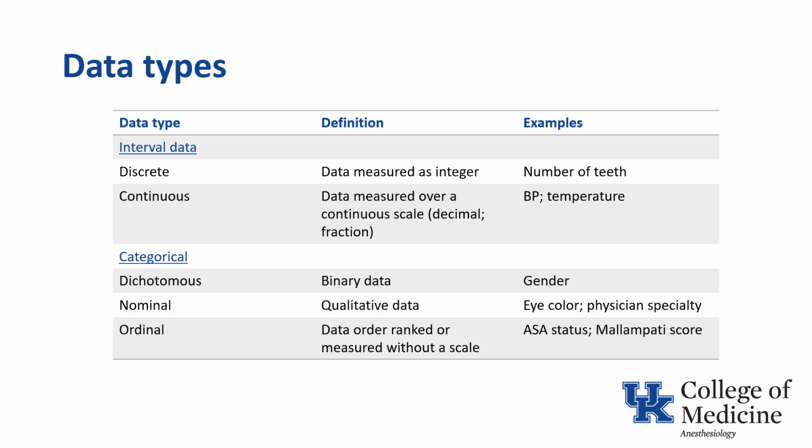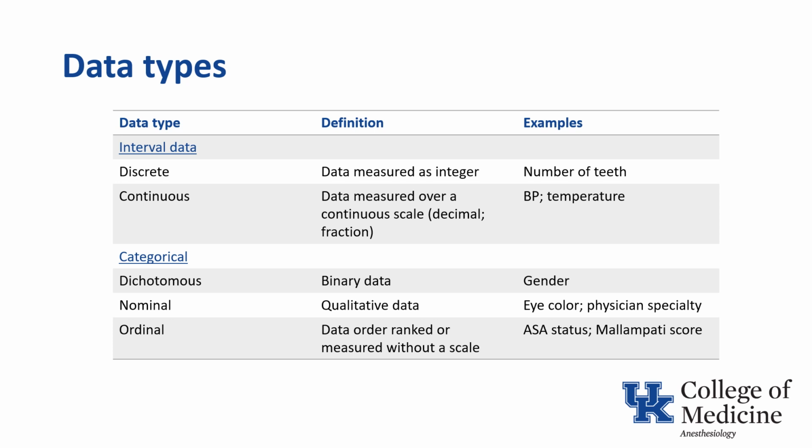A good example is eye color. And all these data are qualitative data. Another example is, let's say you're doing a study with the physician subgroup and you want to identify what specialty each physician is under. The last type under the categorical data is ordinal data.